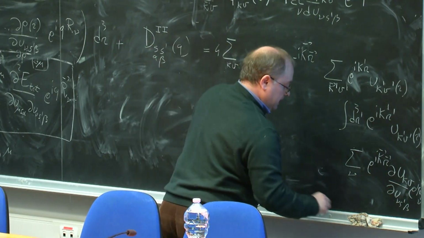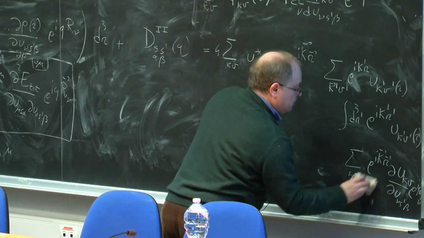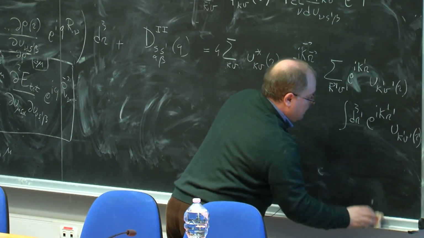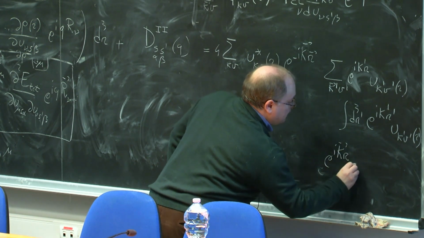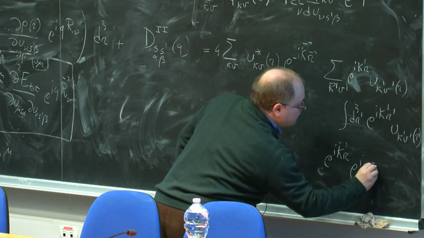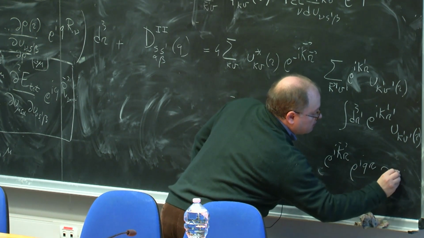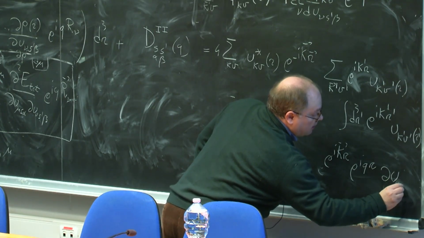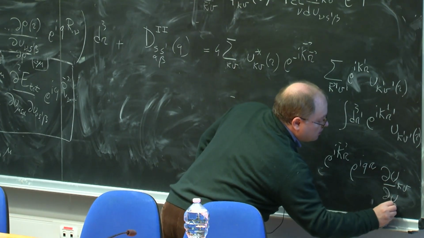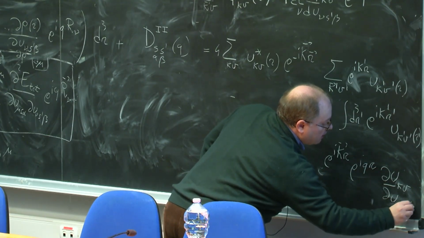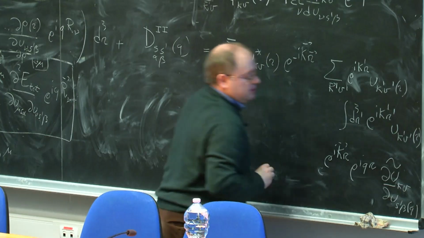So this will become, let's say, e to the i k r, e to the i q r, derivative of u kv with respect to u s prime beta of q, periodic part.